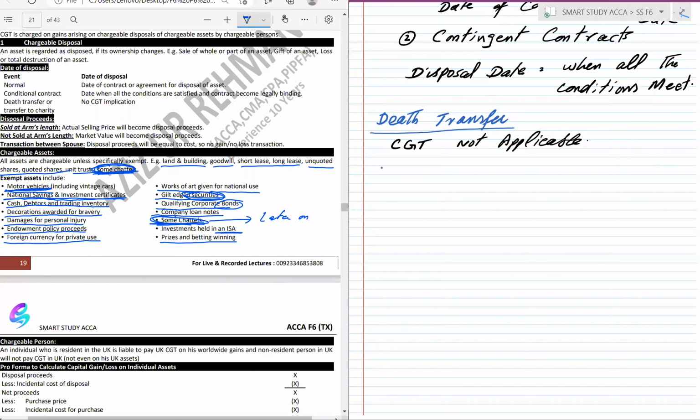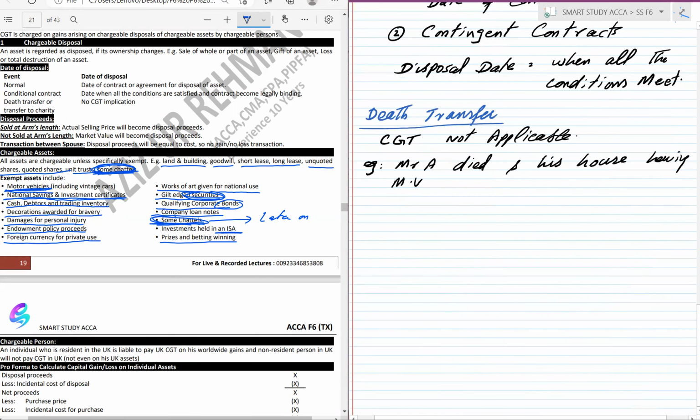For example, Mr. A died and his house, having a market value of £200,000, is transferred to his son.